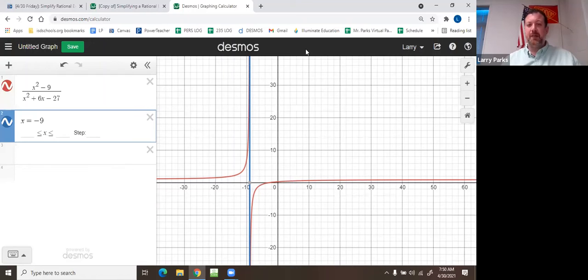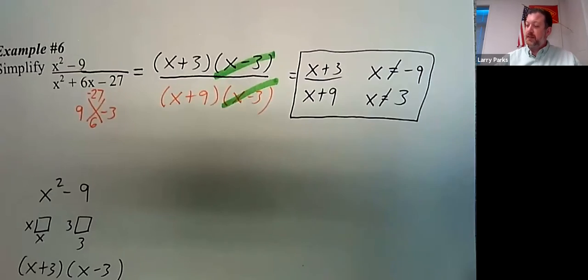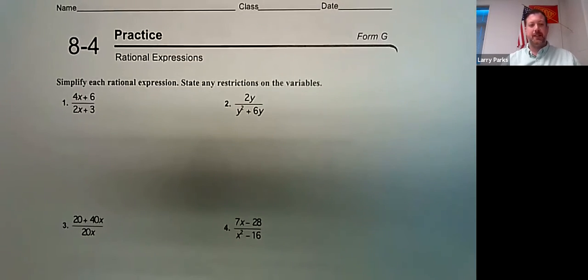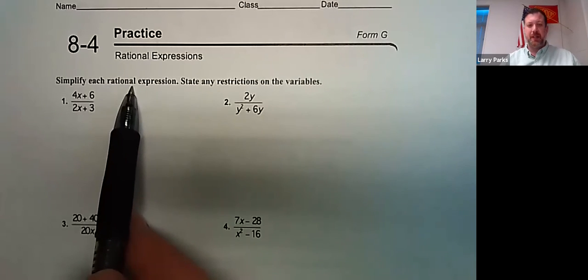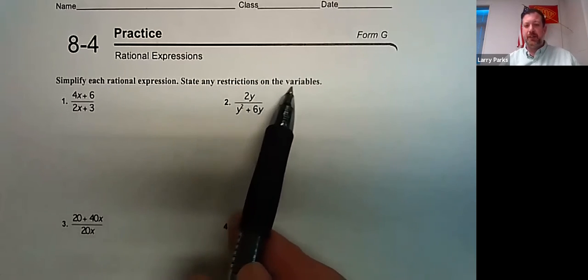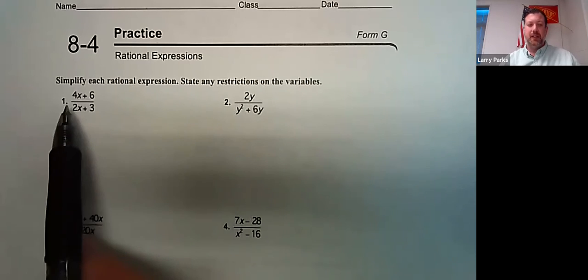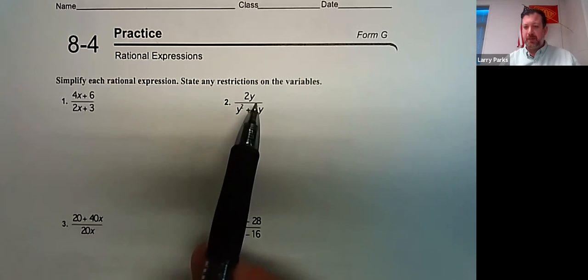All right, so now let's go back and look at the practice. So here's the practice. Simplify each rational expression. State any restrictions on the variables. So simplify, simplify.